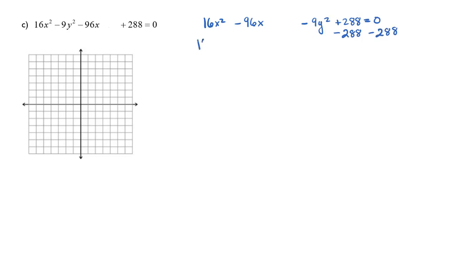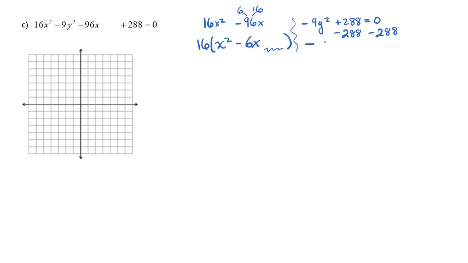I'm also going to factor out a 16 out of these two terms here. That's going to give me an x² minus, remember, 96 is 6 and 16, so I'm going to have a minus 6x as the second term. I'm going to leave some space here because we need to complete the square.